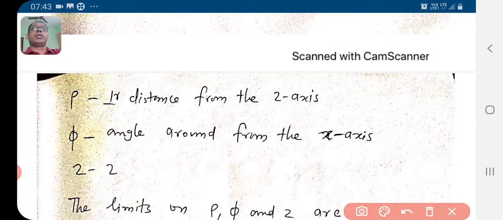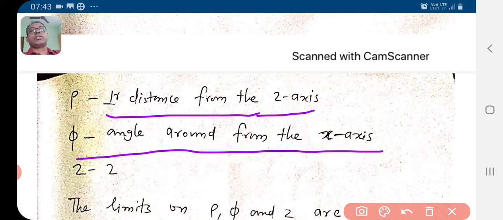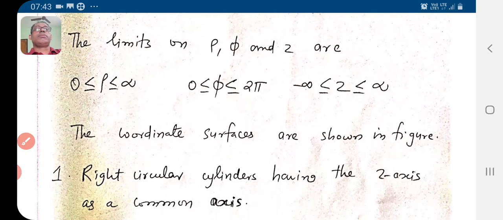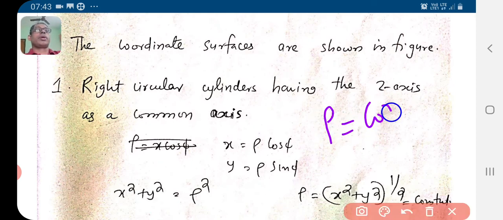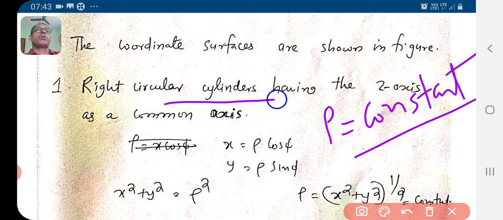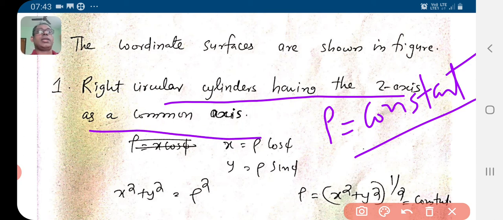Rho, as I said earlier, is the perpendicular distance from the z-axis, phi is the angle around from the x-axis, and z is z. The three surfaces are, first, rho constant. What is it? Right circular cylinders having the z-axis as a common axis.